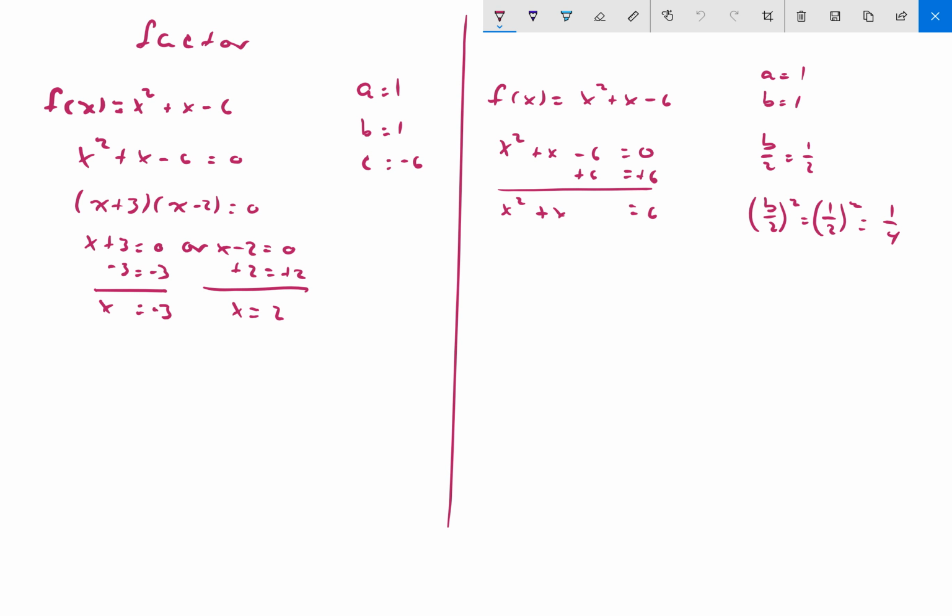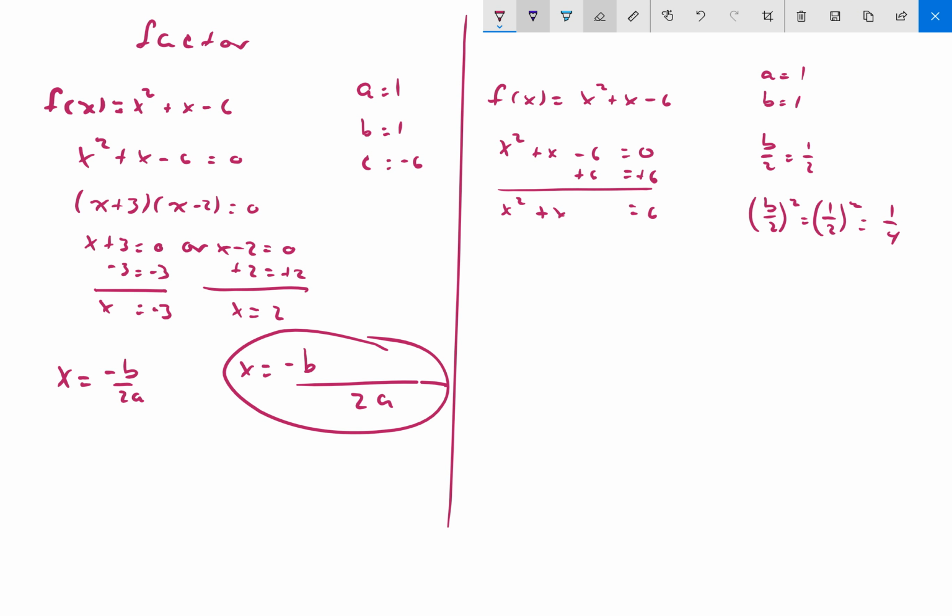However, if we want to find the actual turning point, I would use this formula, x equals -b over 2a. And it's not a hard formula to remember because you should already know x equals -b plus or minus the square root of b squared minus 4ac all over 2a, which really means if you get rid of the plus or minus b squared minus 4ac, you are only left with that.